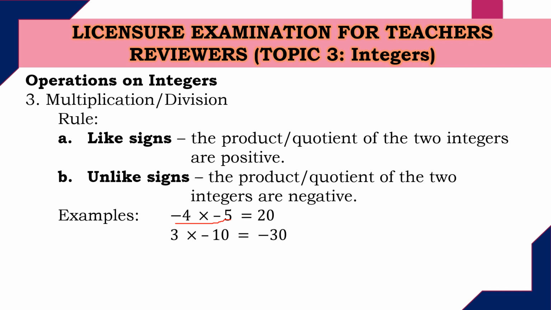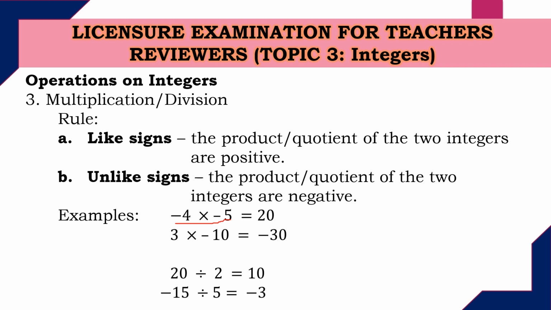Next, 3 times negative 10. That is negative 30. Why negative? Because the signs of the two integers are different. The first one is positive and the second one is negative. We have here also examples about division on integers. 20 divided by 2, that is 10.